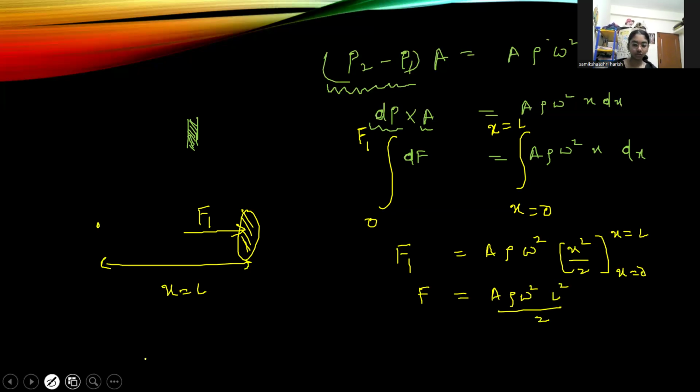So omega square will be 2F by A rho L square.